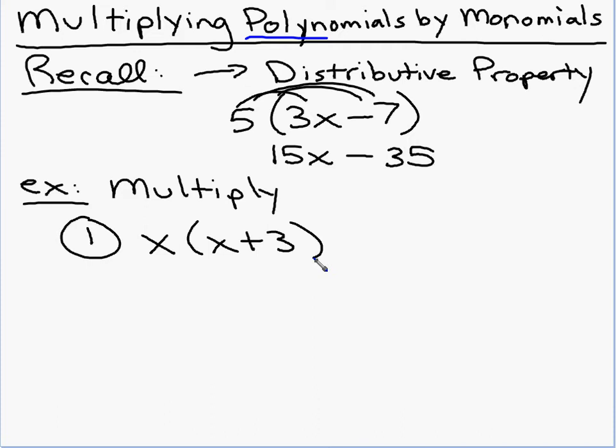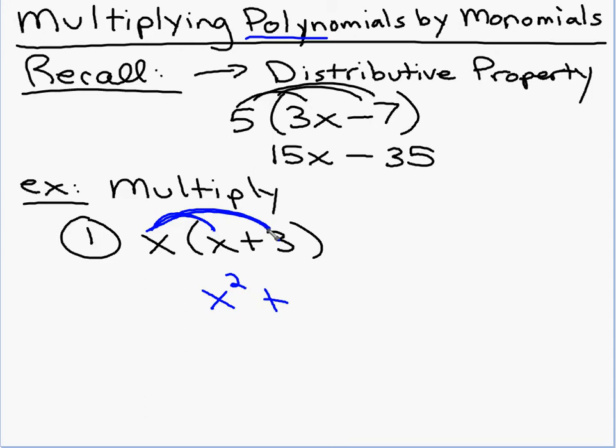So we do this the same way. I'm still going to distribute multiplication to both of these terms, but now I have to think about exponents. What is x times x? It is x squared. Plus, what is x times 3?